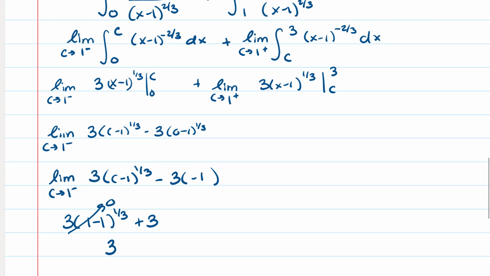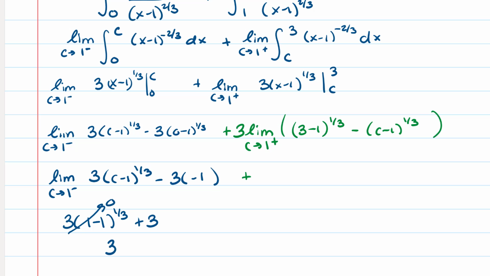Okay, now let's work out the other one. I'm going to do it in green. So plus the limit as c approaches 1 from the right. And this time I'm going to show you a cool trick. You can actually just bring that 3 out because it's a constant. So then I get (3 minus 1) to the 1/3 minus (c minus 1) to the 1/3. So I'm going to work that out a little bit before I multiply by 3.